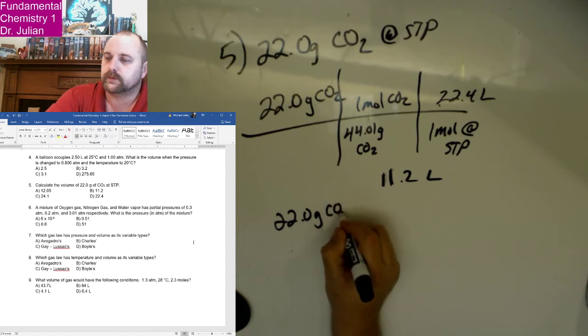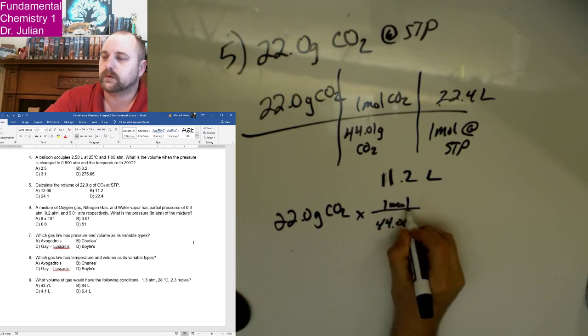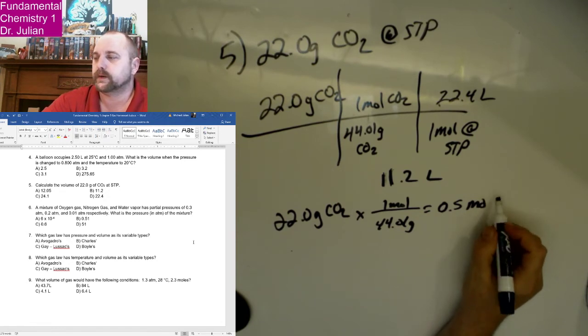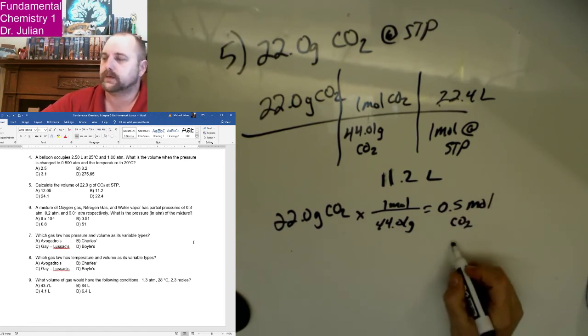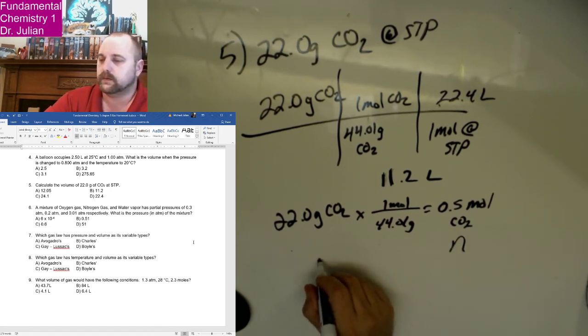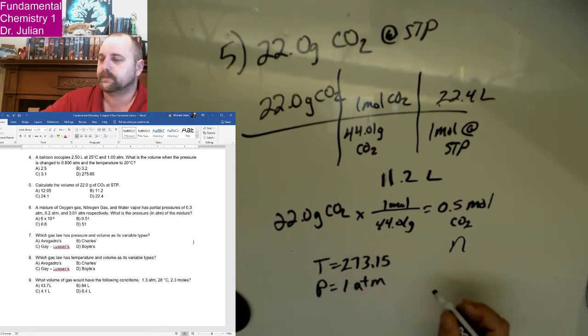Let's do it a different way. 22.0 grams CO2. I'm going to use that same 44.01 grams as 1 mole, so 0.5 moles CO2. I'm doing a little bit of rounding here. T at STP is 273.15. P will be 1 ATM.